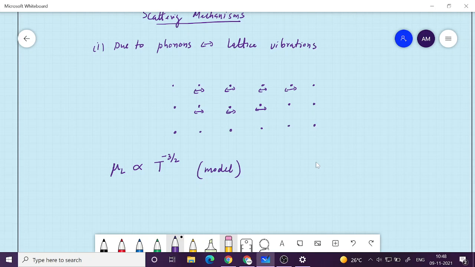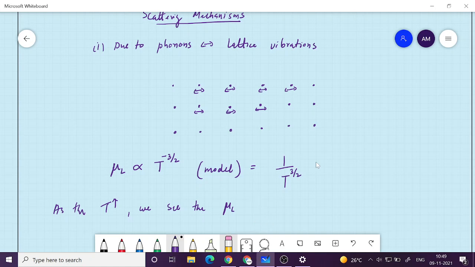when you come up with a model, you can say that it is T raised to minus 3 by 2, so this is also like 1 by T raised to 3 by 2, which means that as the temperature increases, the mobility is going to decrease. As temperature T increases, as per this model, we see the mobility in the presence of lattice vibration decreases.